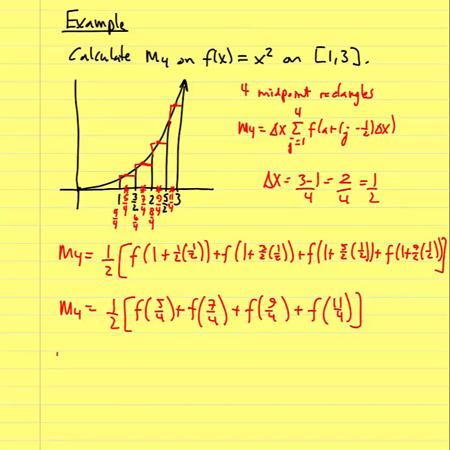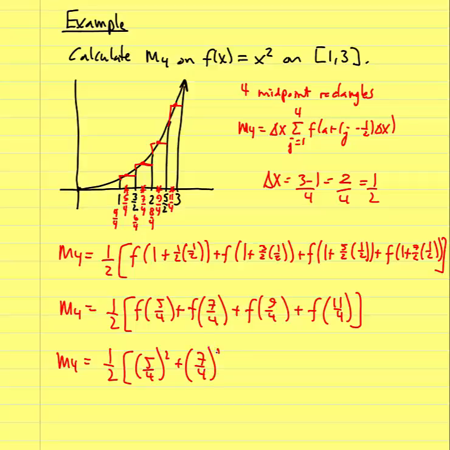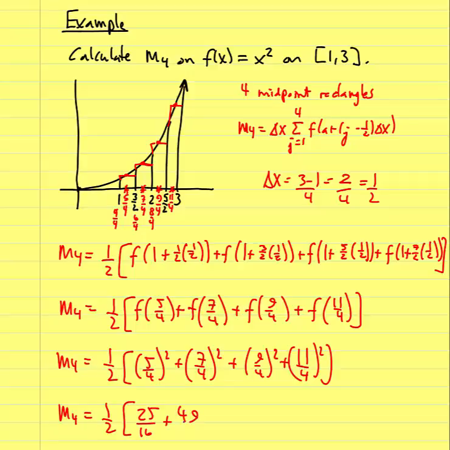Okay, so we go ahead and plug in our f of, so this would be 5/4 squared, 7/4 squared, 9/4 squared, and 11/4 squared. Okay, so have a look. 25/16 plus 49/16 plus 81/16 plus 121/16.